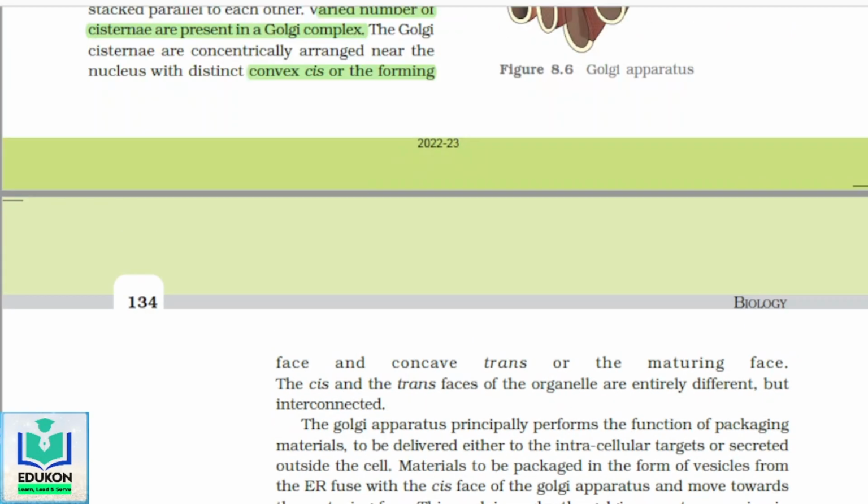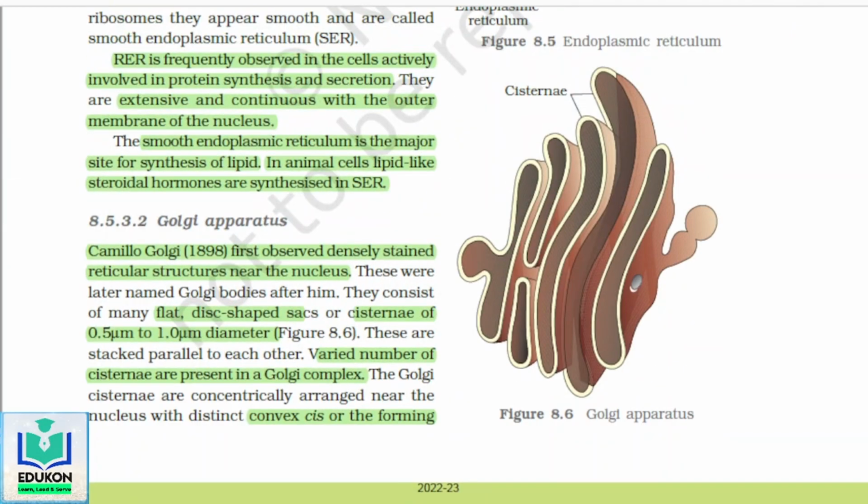Now you can see here, this is the convex cis or forming phase, and this is the maturing phase, from where the vesicles move away after being prepared. From the endoplasmic reticulum, the material gathered comes and joins near the cis phase, and moves towards the cisternae.